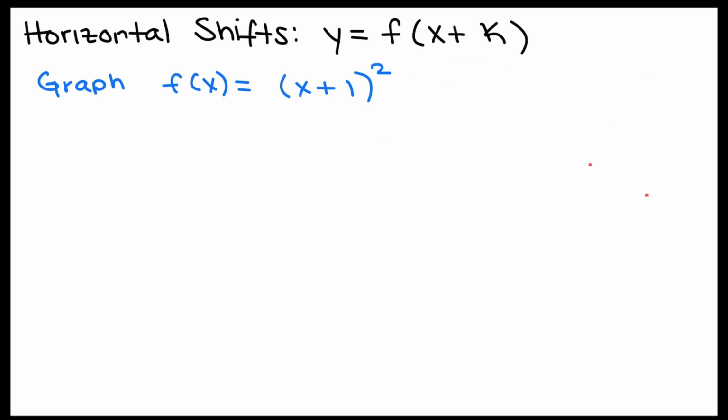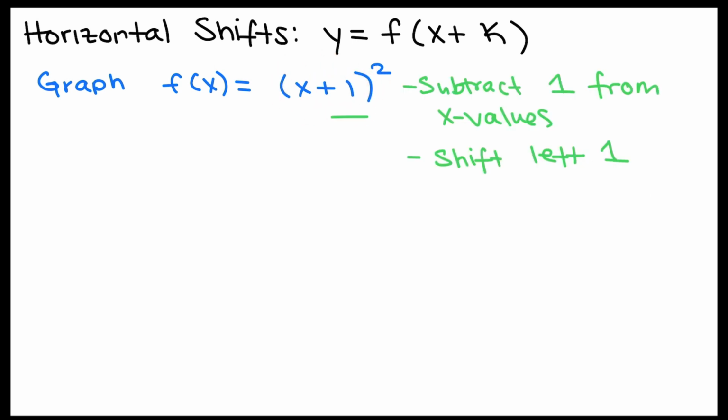Let's graph f of x equals x plus 1 squared. So my parent function is still the squared. We've got something squared. My parent function is still going to be that basic quadratic function. But notice now the plus 1 is happening inside the parentheses. This is an input transformation. Because it's happening inside the parentheses, it's impacting x values.